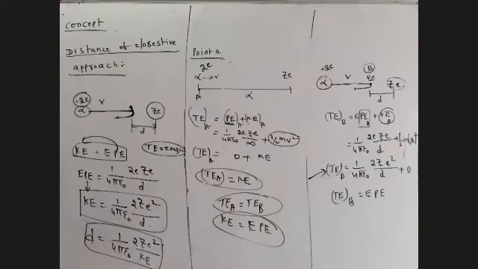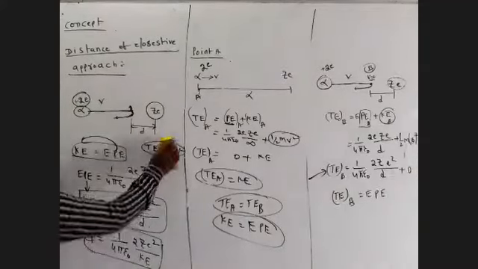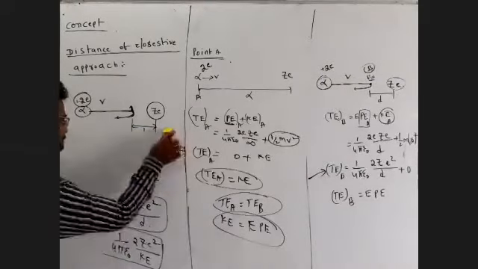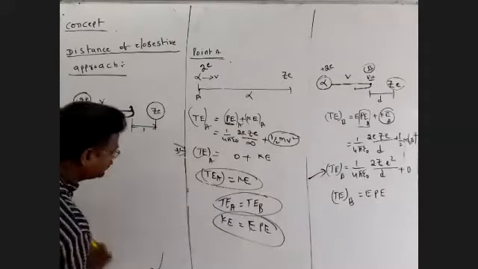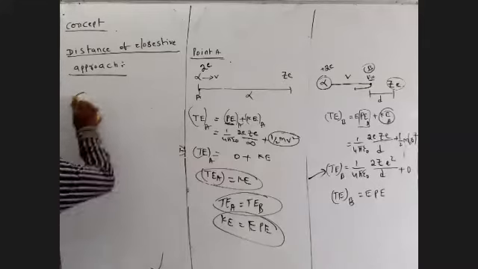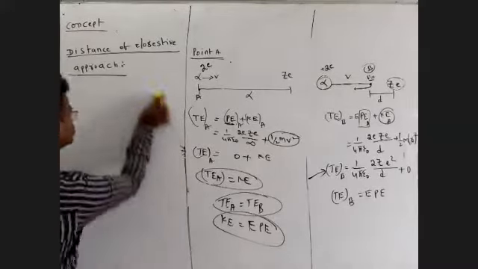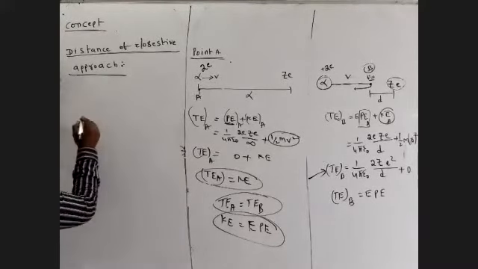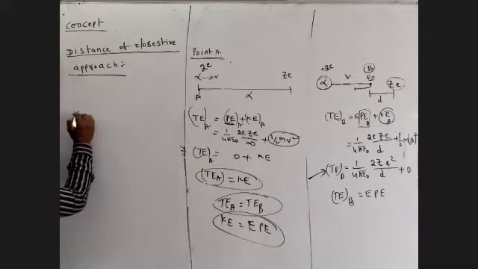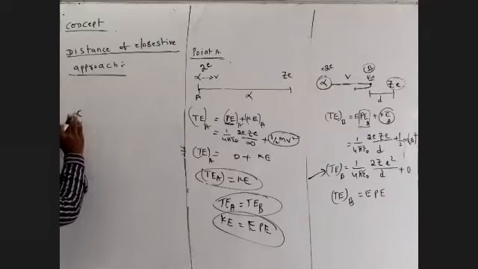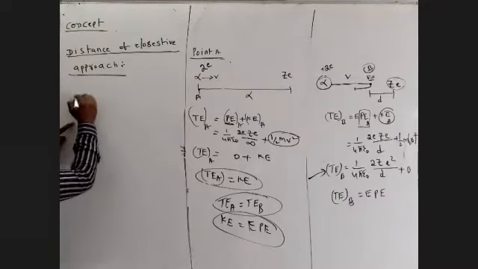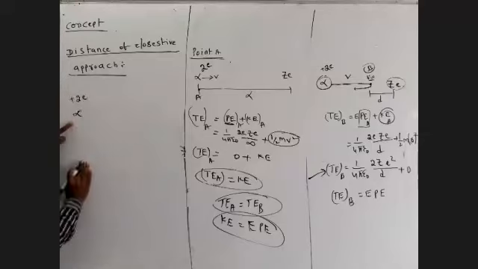Once again, I'm going to explain. What happened here? This is an alpha particle having two positive charges.